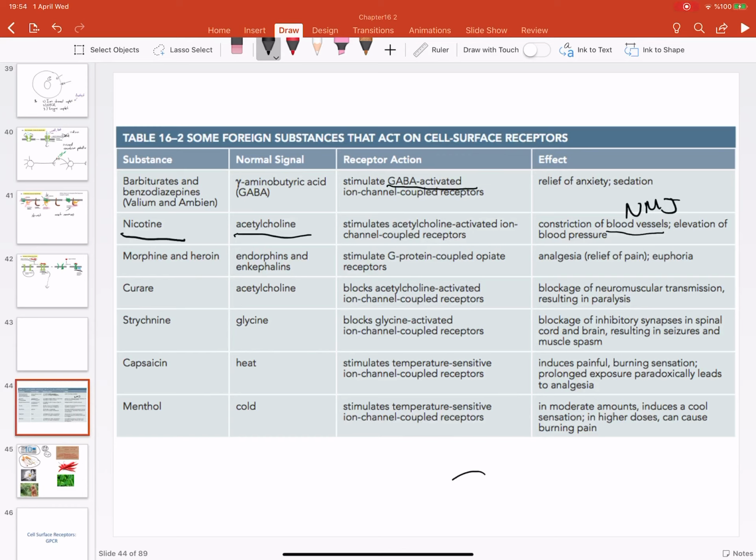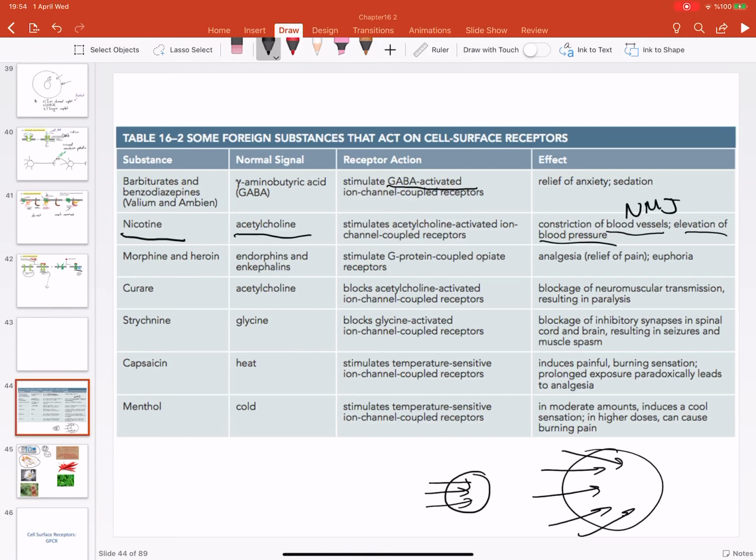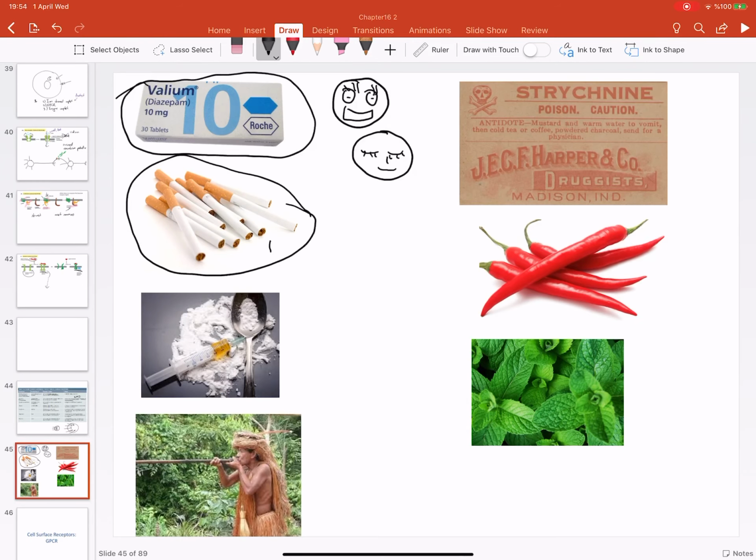Remember, the blood vessels can be small or big. When it is small, less blood flows, but the pressure increases. And when the blood vessels dilate, more blood flows, but the pressure decreases. So because it constricts the blood vessel, it increases the blood pressure and people like it. Of course, it gives other pleasures in other parts of the body, but this is one of the first outcomes.